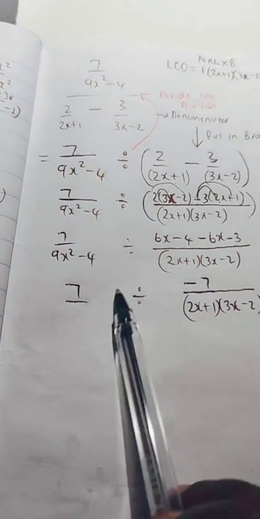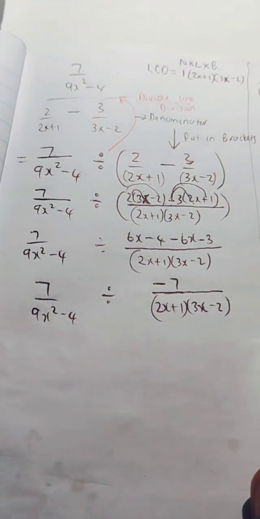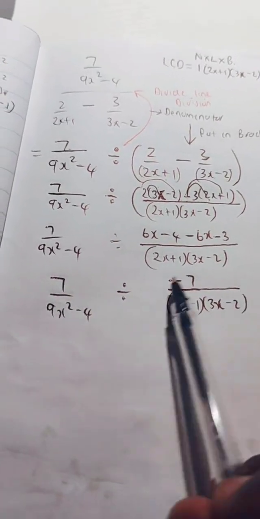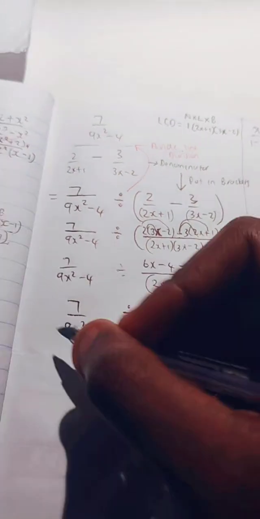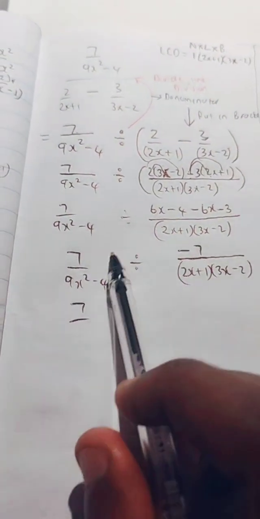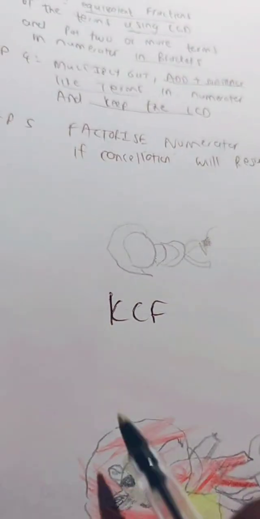Now, we are going to deal with division of two fractions. So now, what is the rule when we are dividing two fractions? If we have divide in the mix, then we must apply KCF. What's KCF?